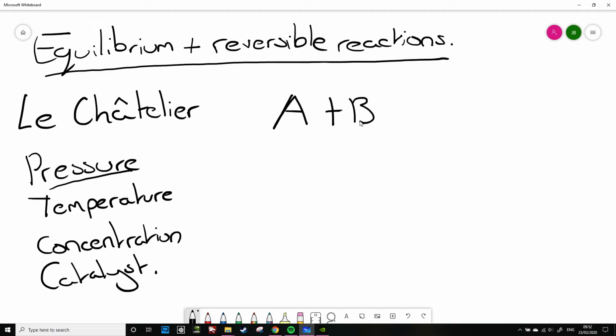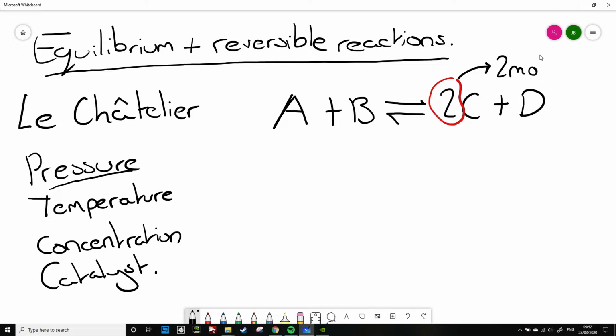A plus B gives 2C plus D. Now this number, if you remember from before, means two moles of C. We have 1 mole of each of the others, but because of this number in front, it means we've got 2. It's a bit like in maths where you have x or 2x. You don't put 1x in front of it, you just assume the 1. So 2 moles of C.